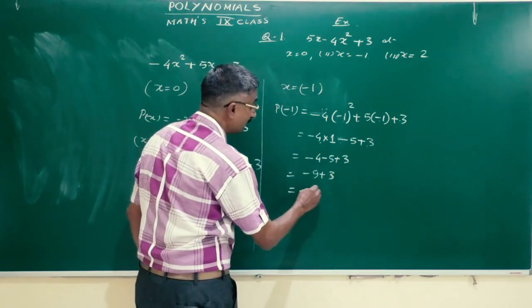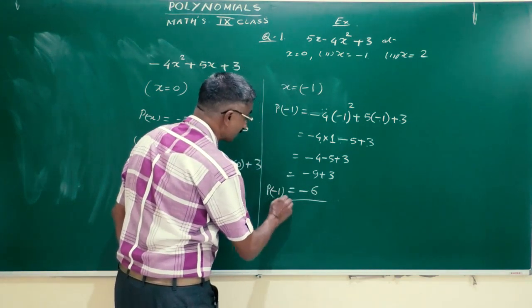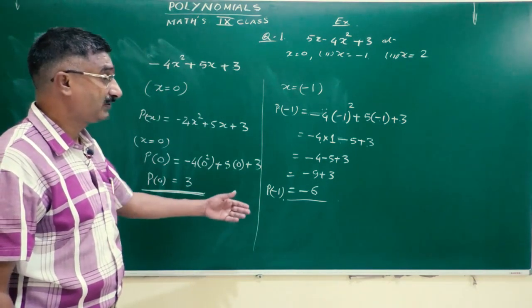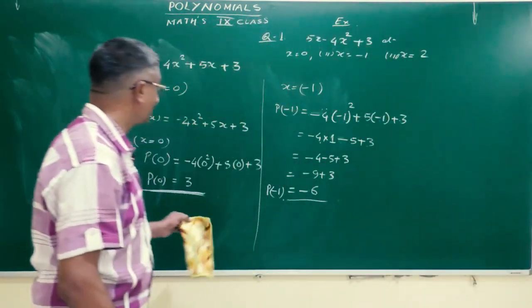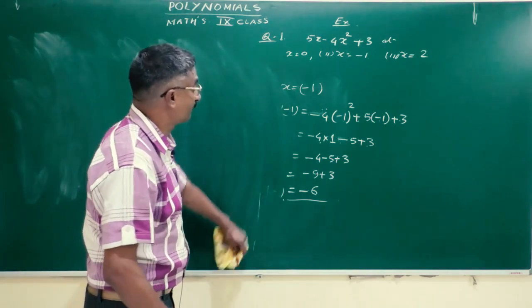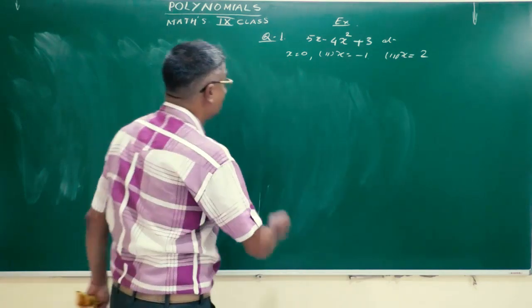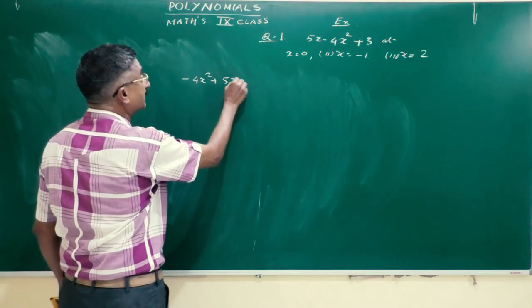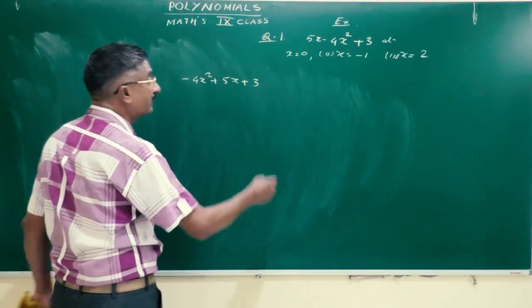Very simple, minus 6. So the value of p of minus 1, the polynomial when x is equal to minus 1, is minus 6. It is very simple, we just have to substitute the value of the variable in the polynomial minus 4x square plus 5x plus 3.